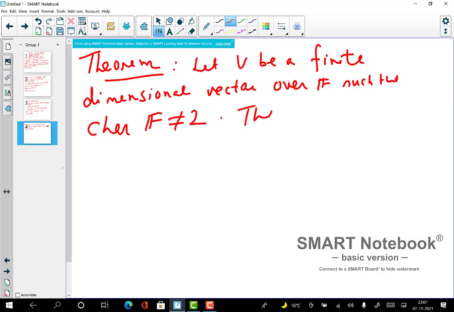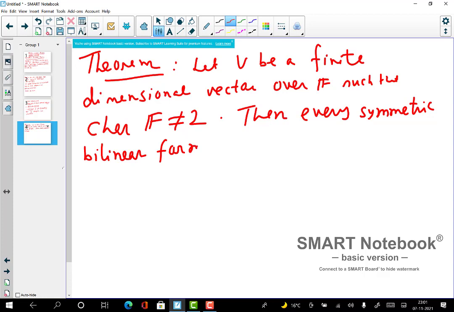Then in this case, every symmetric bilinear form on V is actually diagonalizable.